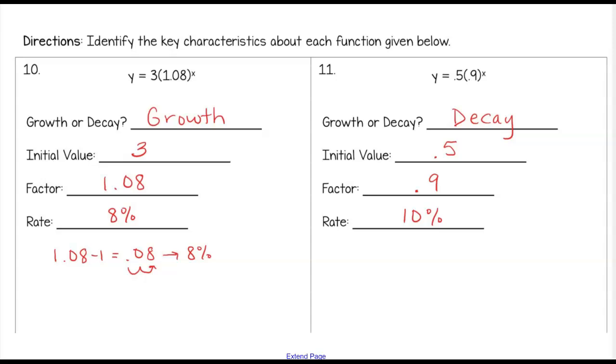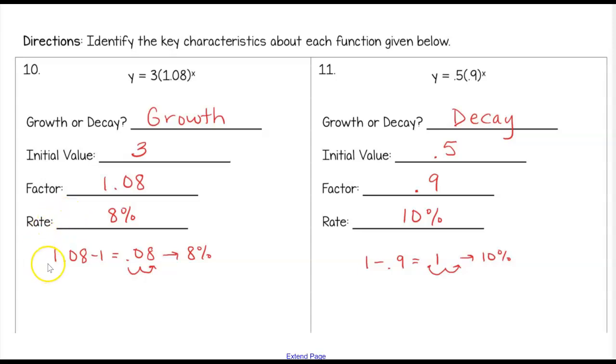So we're going to take the 0.9 and subtract it from 1, and we're going to have 1 minus 0.9, and that's going to get us 0.1. Move the decimal 2 places, and that's going to get you 10%. So if it is growth, you subtract 1 from the factor so that you get a positive number.